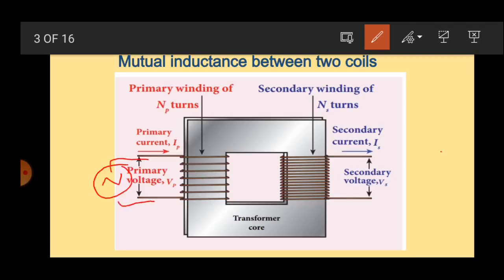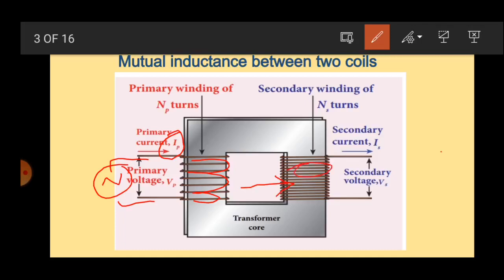Now voltage is applied to the primary circuit. The primary current IP flows through the primary coil. Here the magnetic field is produced. These magnetic field lines interact with the secondary coil.